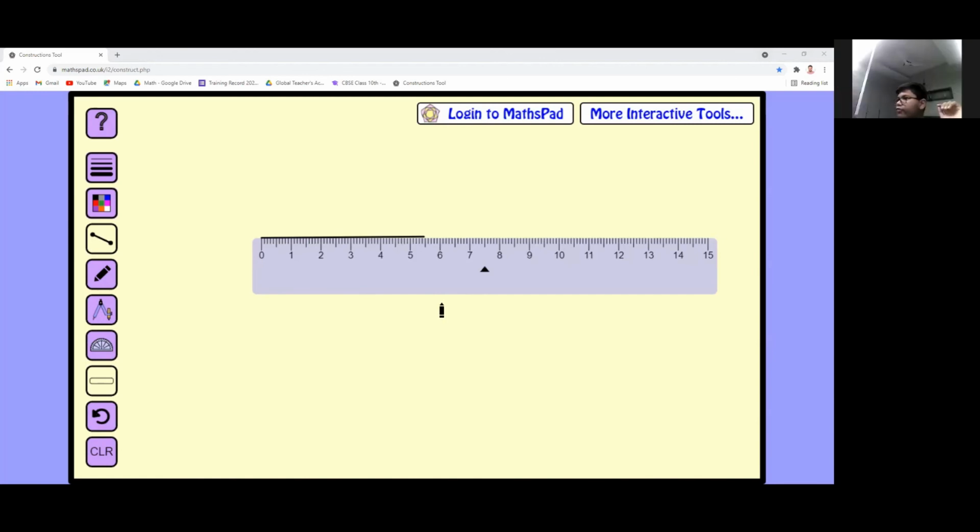Sir, it's 5.4. It's 5.5, beta. Yes, sir. Okay. So in this way, you will measure the segments in your textbook: segment AB, segment CD, segment PQ and segment EF. After that, the next is question number 10. We will discuss that.